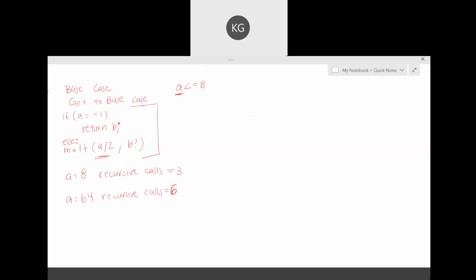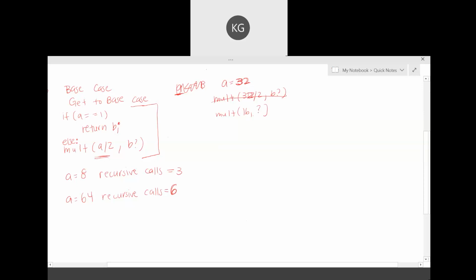So if we start out with A being equal to 32, then we go through this function. Okay, if A is equal to 1, A is not equal to 1, so we have to do the else. We have to call a recursive function mult 32 divided by 2, comma B. So this is equivalent to mult 16, whatever.